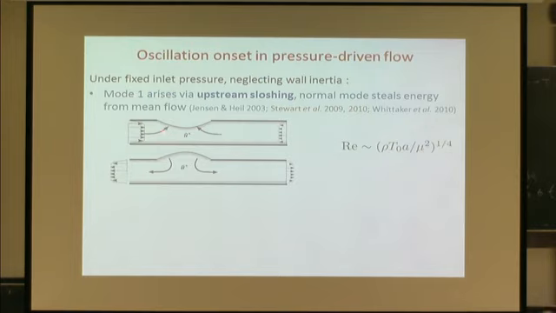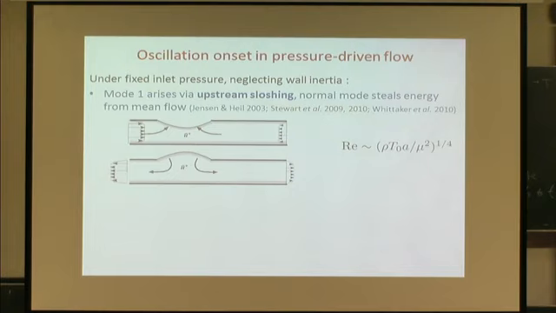If the pressure is prescribed upstream, and if the upstream segment is relatively short, so you don't have a lot of fluid inertia there, you can generate quite vigorous sloshing up and down here, more than down here, and that asymmetry is actually sufficient for the flow to extract energy from the mean pressure drop that's driving the system. So you can get a transfer from the mean flow to the oscillations by the difference in kinetic energy fluxes at the upstream and downstream ends.